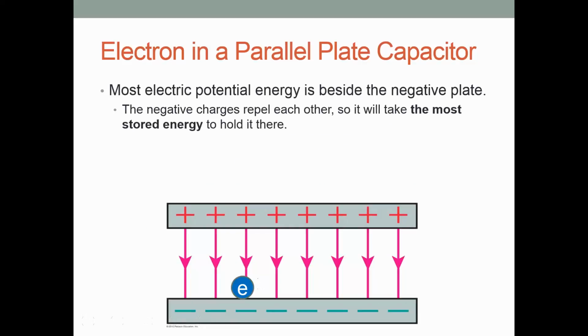Well, the most electric potential energy is beside the negative plate because this negative charge wants to repel from the negative and move towards the positive. Remember that negative charges move opposite of electric fields. So, since the negative charges repel each other, it takes the most energy to hold it here. So we're going to put it right here, but it takes some energy to hold it there.